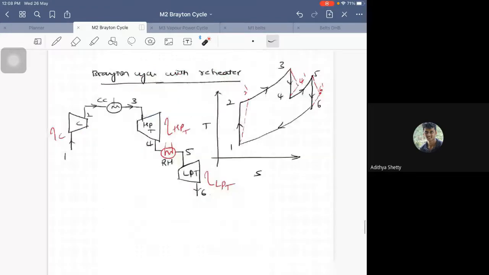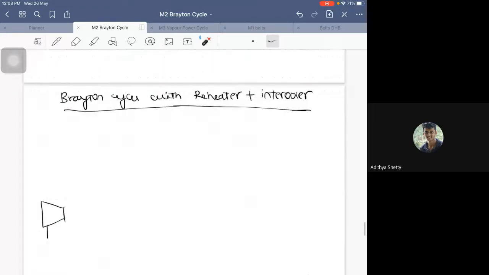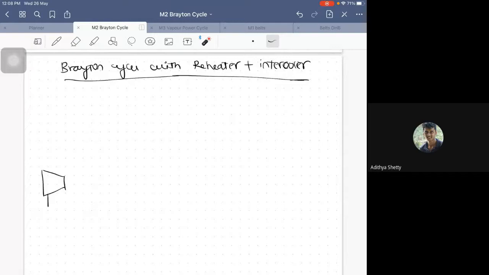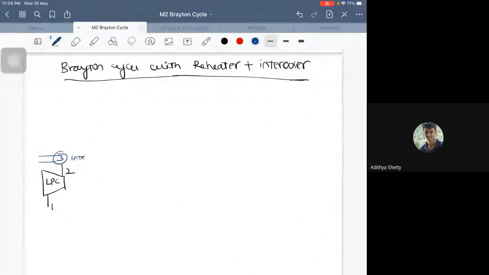Now let us try to draw this beautiful thing. Slowly, steadily, neatly. First there would be a low pressure compressor which compresses the air from state 1 to state 2. After that, I have an intercooler in between, which cools the air to state 3.